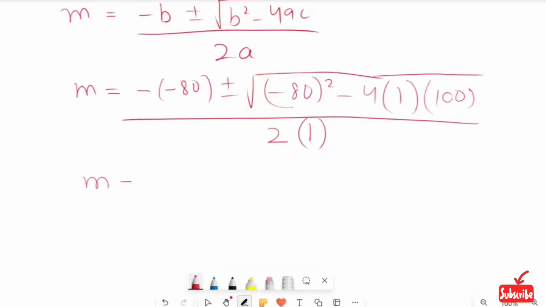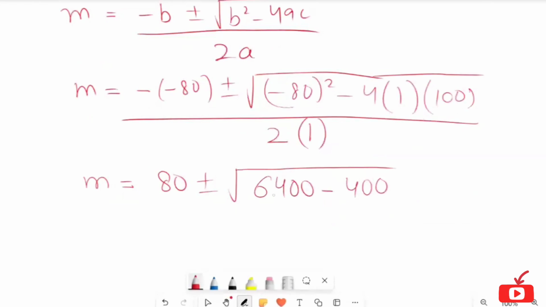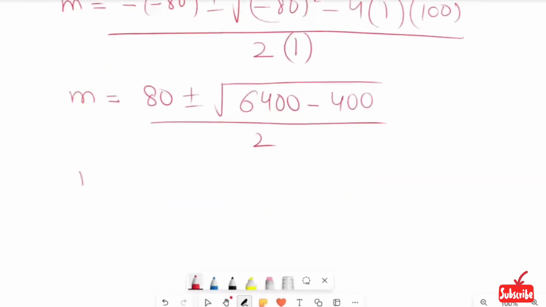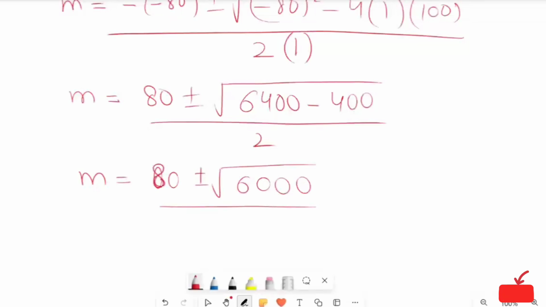Now we are going to simplify it further. So this turns to 80, and minus minus turns to positive. 80 squared gives us 6,400, minus 100 times gives us 400, over 2. m is equal to 80 plus or minus root of 6,000 over 2.